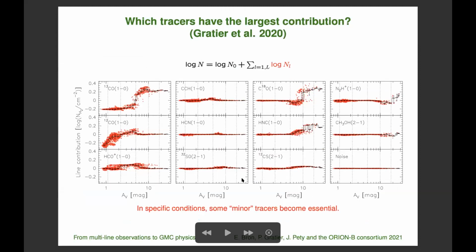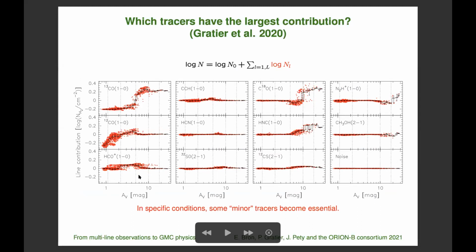Another way of looking at these contribution maps is as a function of the column density. Here you have the offset in contribution of each line to the column density as a function of the column density, expressed in magnitudes, divided into 4 columns.